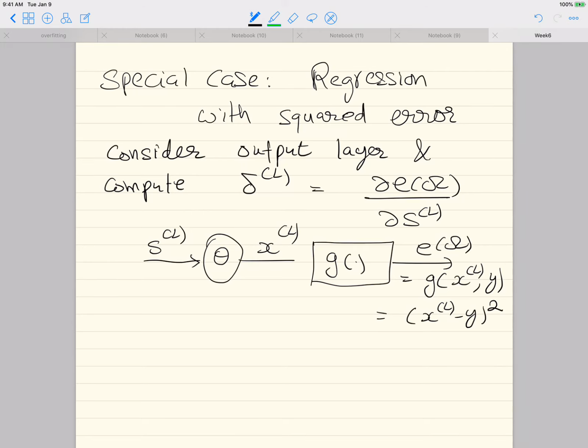You get the input into this last layer, apply the activation function, compute XL. Once you have XL, you just compute the loss, the squared error. G is just emphasizing the fact that the loss is computed with the output and the label coming from the data set. What we have to do is compute dE by dSL, the derivative of E with respect to SL when E is evaluated as (XL minus Y) squared.